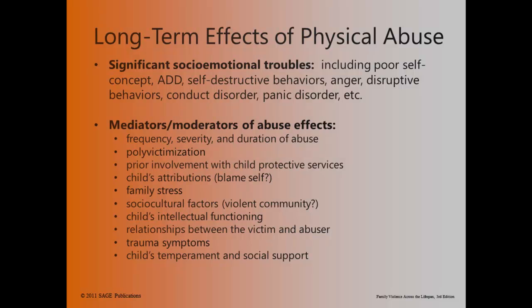The relationship between the victim and the abuser is another thing I'd like to touch on, because I think most experts would agree that abuse between an adult caretaker and a child, when there is a close relationship, is likely to be more harmful than abuse by someone who isn't as well known or as close to the child, because harm coming from somebody you love and trust deeply can really impact your ability to love and trust others at all.